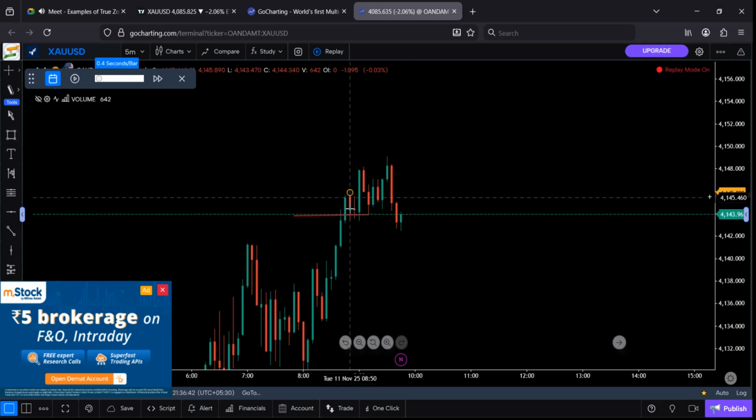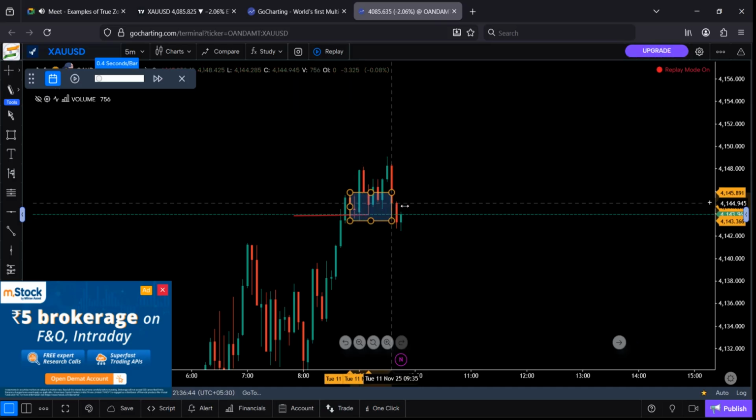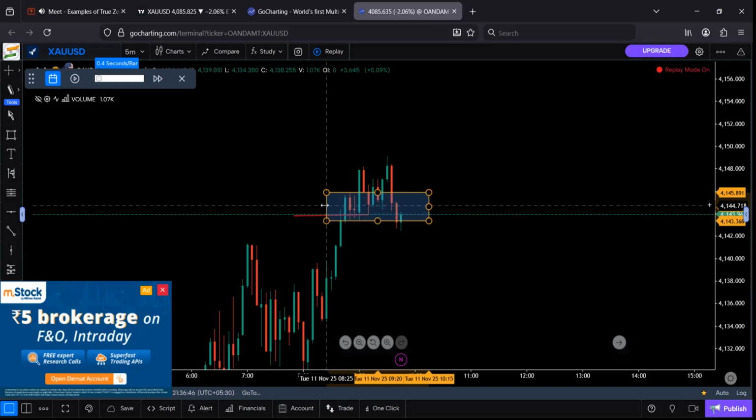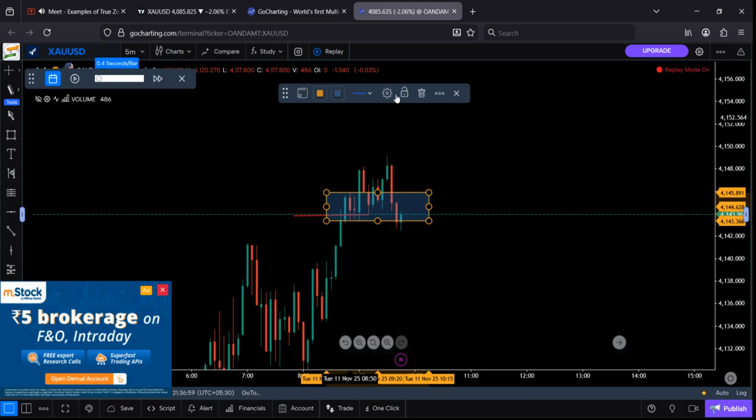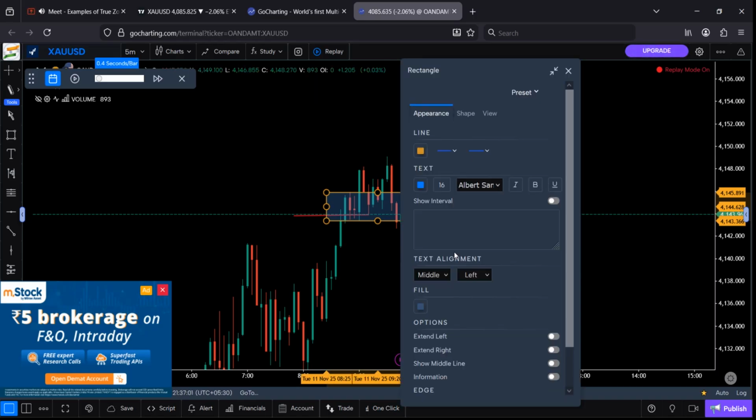FL is clearly visible here like this. Price has broken this. Okay. So this is our FL. This is our FL. And FL has been broken for the first time.